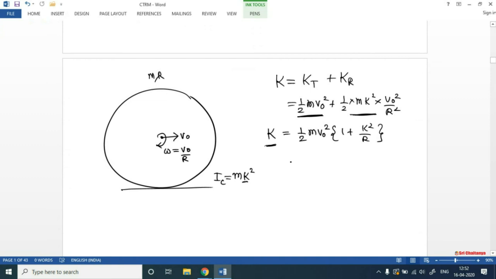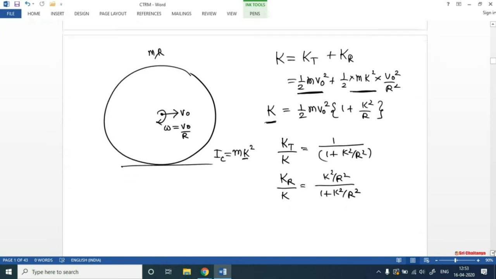So we can also find the fraction of kinetic energy in translational form and the fraction in rotational form of the total. K_T by K is simply 1 divided by 1 plus k square by r square, and K_R by K is k square by r square divided by 1 plus k square by r square.